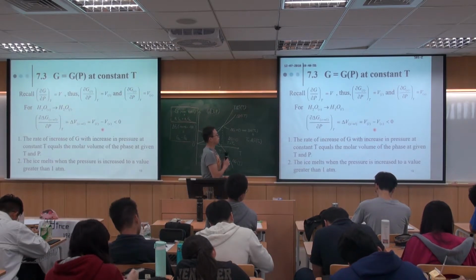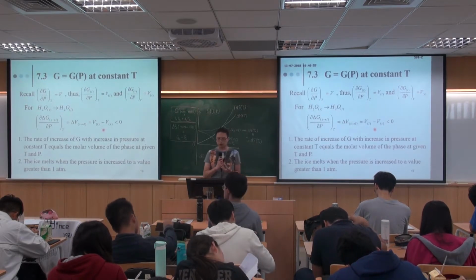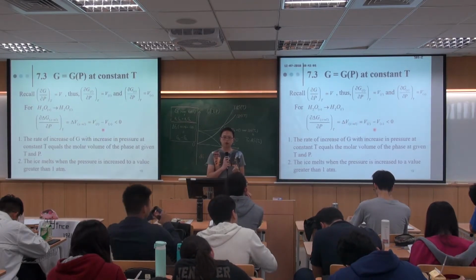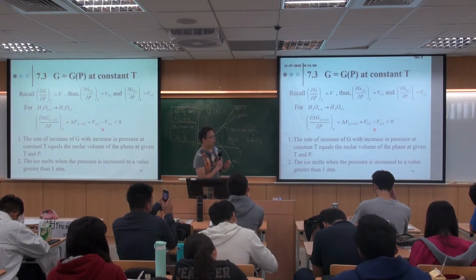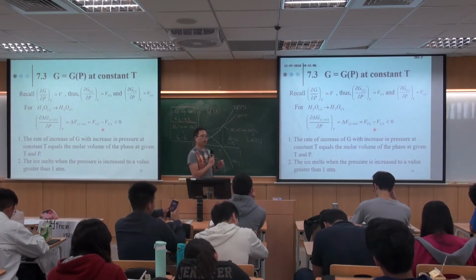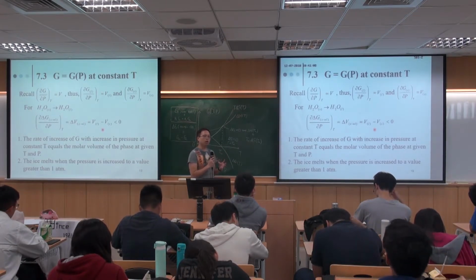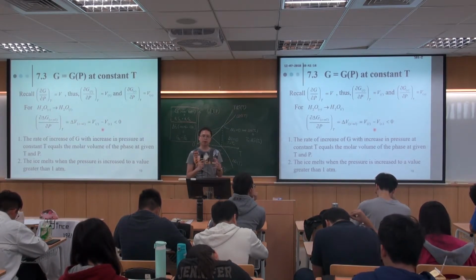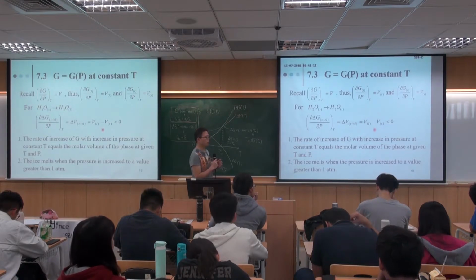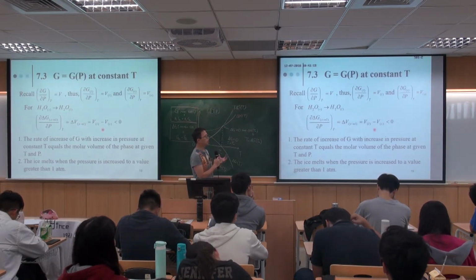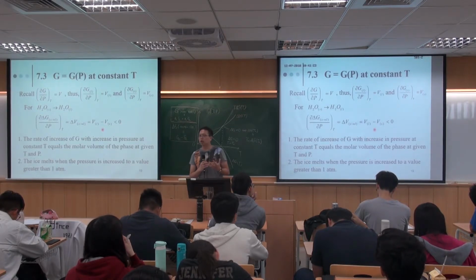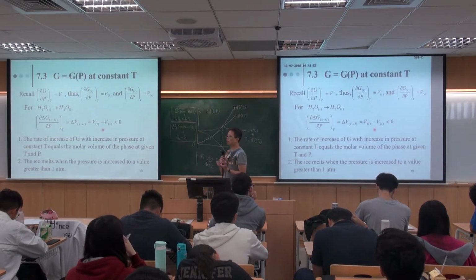And this is where the interesting thing will happen, because we know that for water, if you're in the solid phase, if you're dealing with ice, the molar volume is actually bigger than water, right? Because we know that when you freeze a bunch of water, the volume will expand. This is different from other kinds of materials.